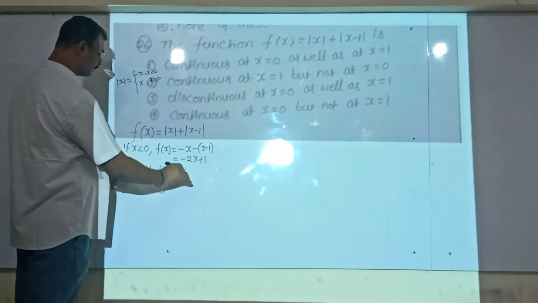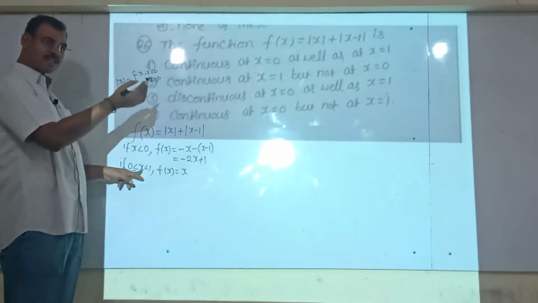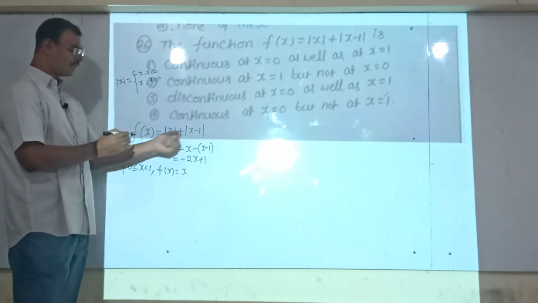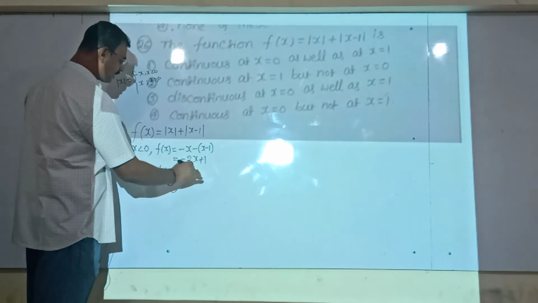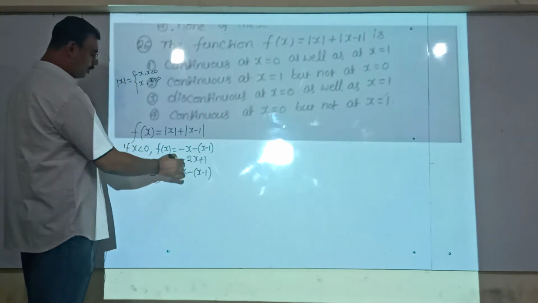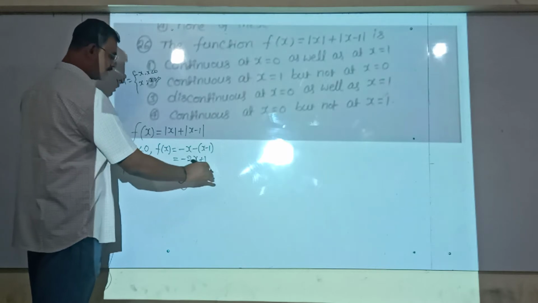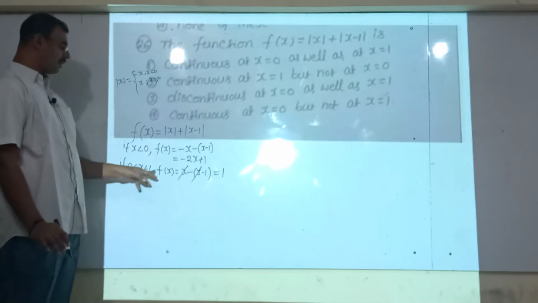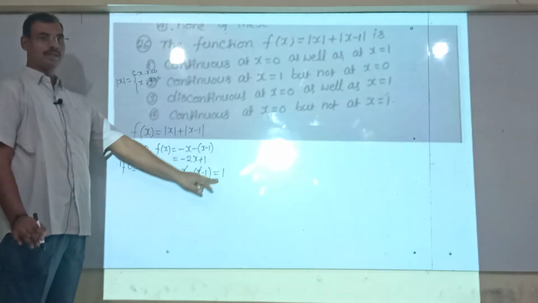A positive number. When x is smaller than 1, this becomes what? A negative number. Minus of x minus 1. Now minus x plus x cancel, this is equal to 1. So between 0 and 1, f of x is equal to 1 here.